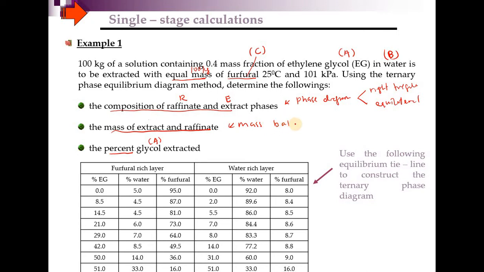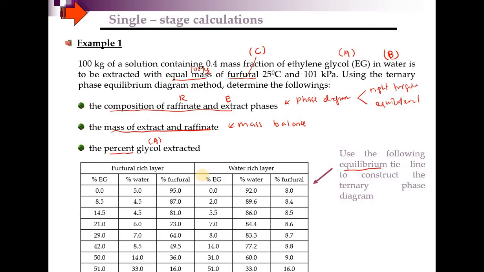Let's see the solution. This is the equilibrium data. When you are given equilibrium data like this, you can plot the equilibrium curve and the tie line. Let's do the solution.